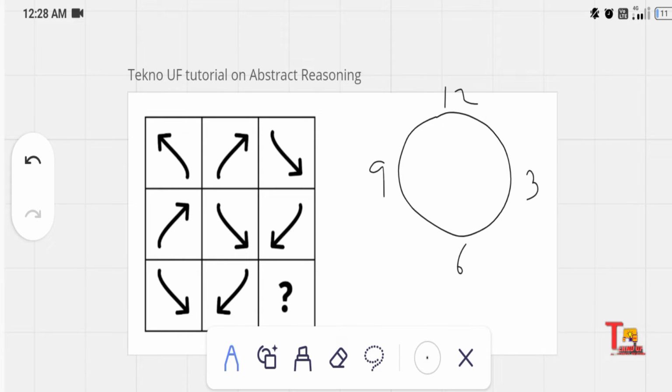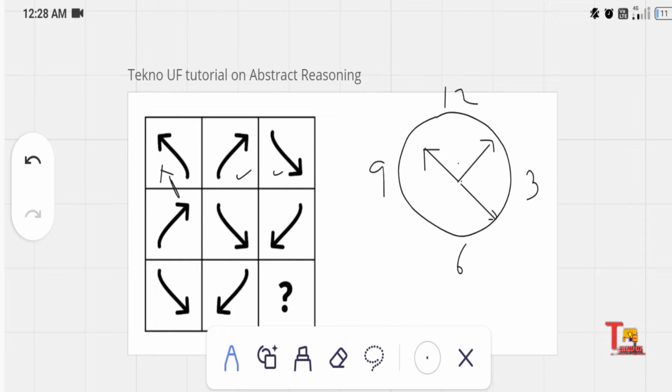The arrow in the first box is facing in this direction, between 9 and 12, and in the second box the arrow faces between 12 and 3, and in the third box the arrow direction is between 6 and 3, right?